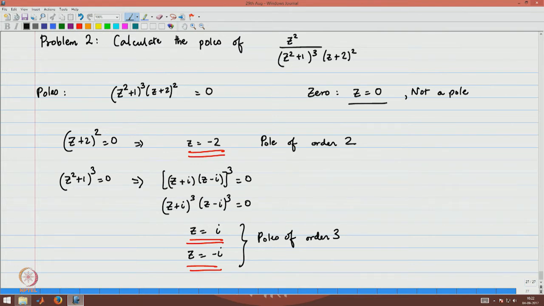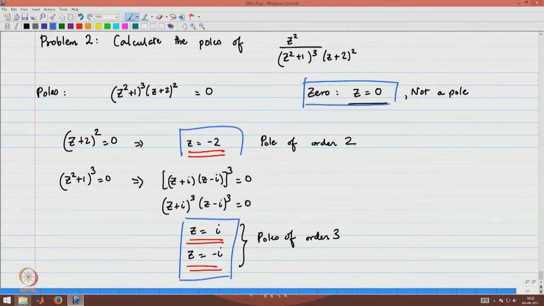Now your function has 1 zero at z equal to 0 and it has these poles. Just to summarize, you have a zero at z equal to 0, a pole of order 2 at z equal to minus 2, and poles of order 3 at z equal to plus or minus i.